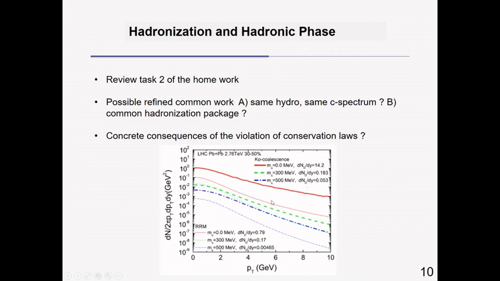So it seems that here, for 300 MeV, it's exactly the work that was already done for two models. It was the one of TAMU, and this coalescence that has been developed much further by the Catania group. But it seems really that when you take different masses, the differences are huge.